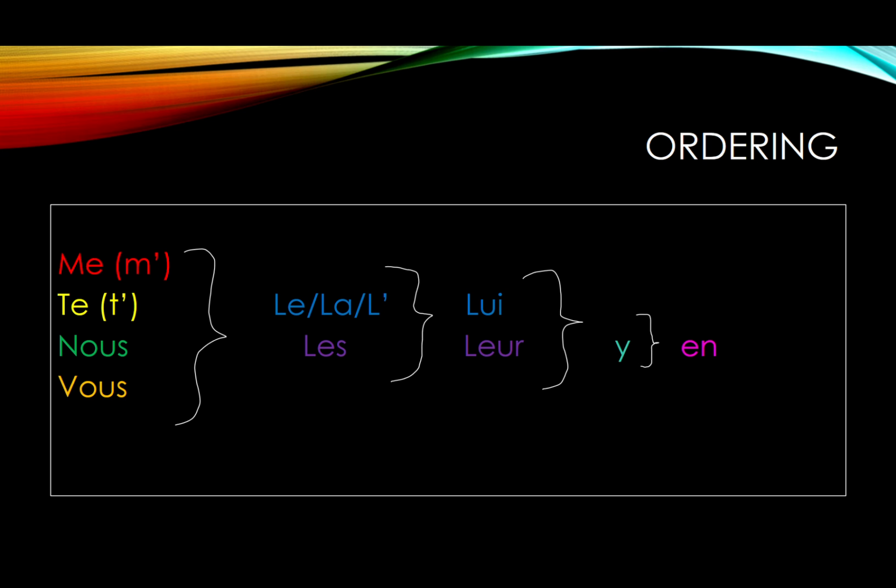So you've got to keep this in mind, and you can only use two of them, like a direct object and an indirect object, or a direct object and y, or any combination like that. I can't really give a good example right now, but you would just use this order.